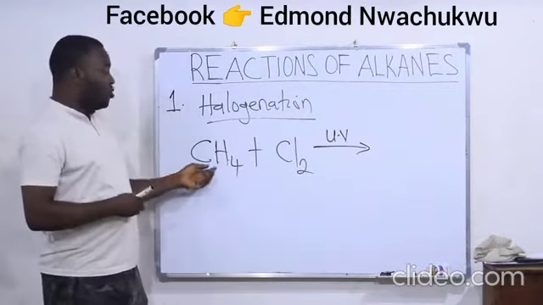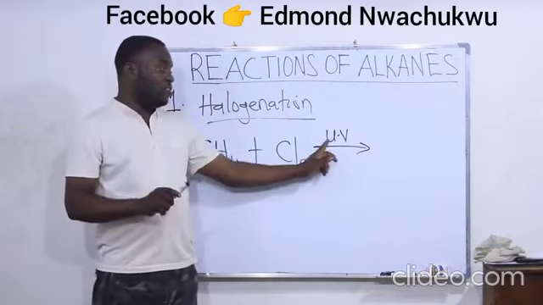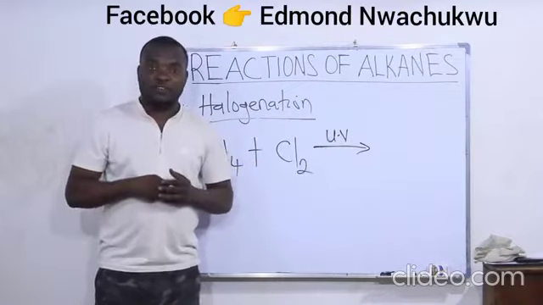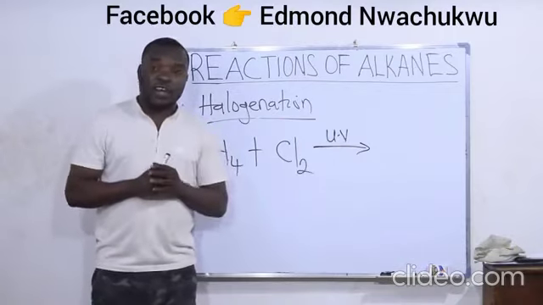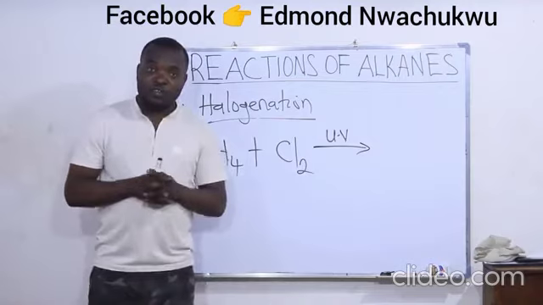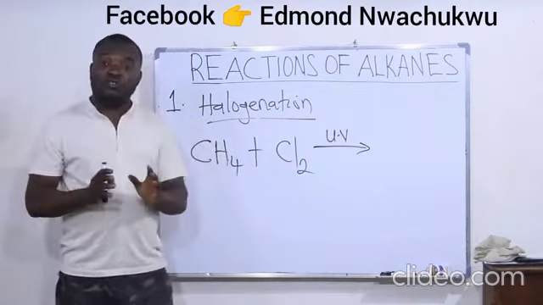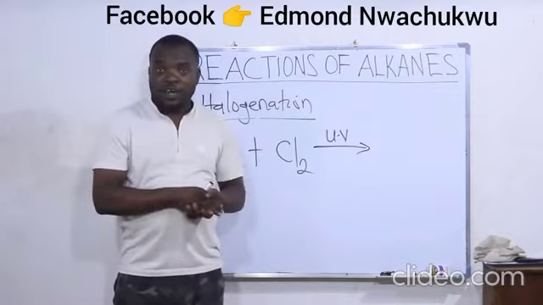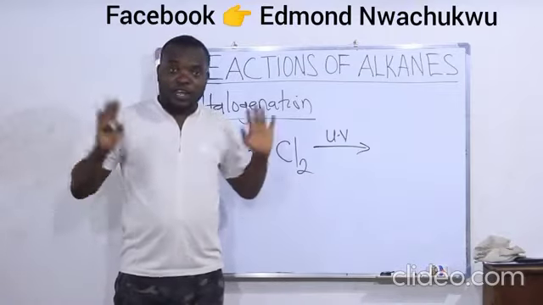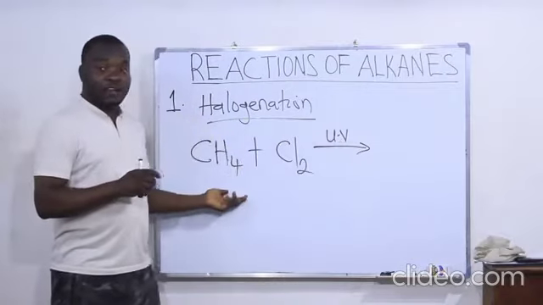Remember, the reaction between an alkane and halogens can only take place in the presence of ultraviolet light. Without ultraviolet light, alkanes cannot react with halogens. This simply means that alkanes do not react with halogens in the dark. In the absence of light, they cannot react. But in the presence of light, they can react.